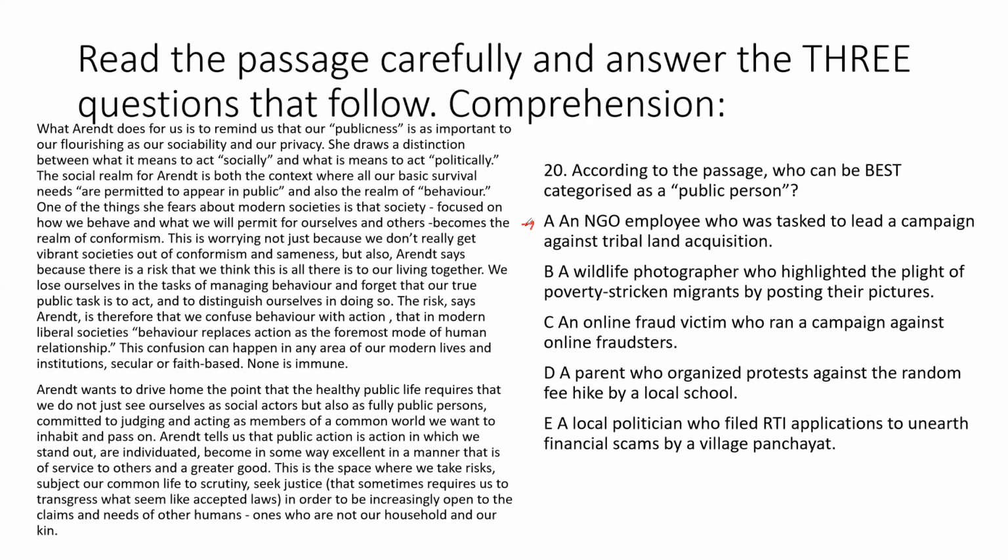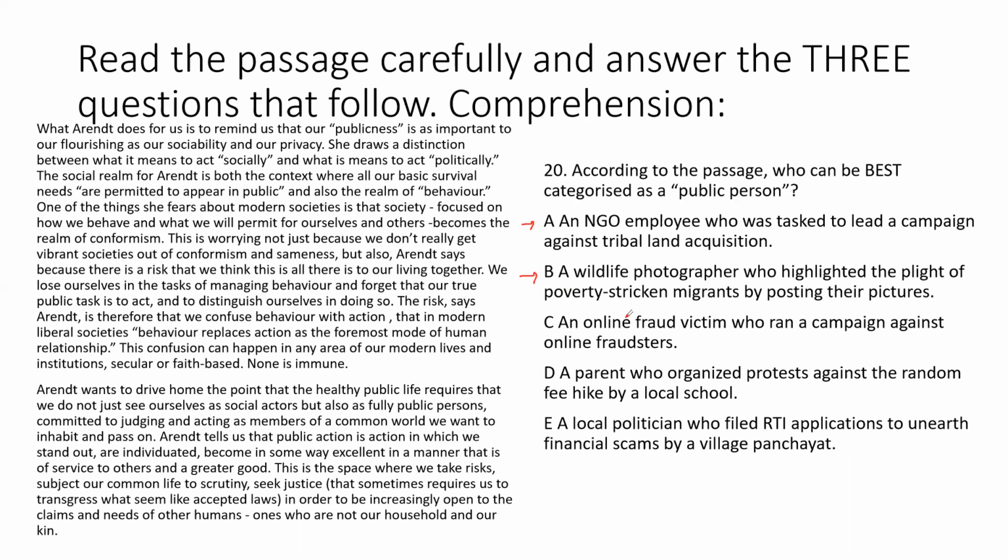Option B, a wildlife photographer who highlighted the plight of poverty-stricken migrants by posting a picture. If we look at option B, this person is posting the picture of migrants and seeking justice. So he is also a person who is helping society, doing a greater good. So let me hold this one also. Option C, an online fraud victim who ran a campaign against online fraudsters.